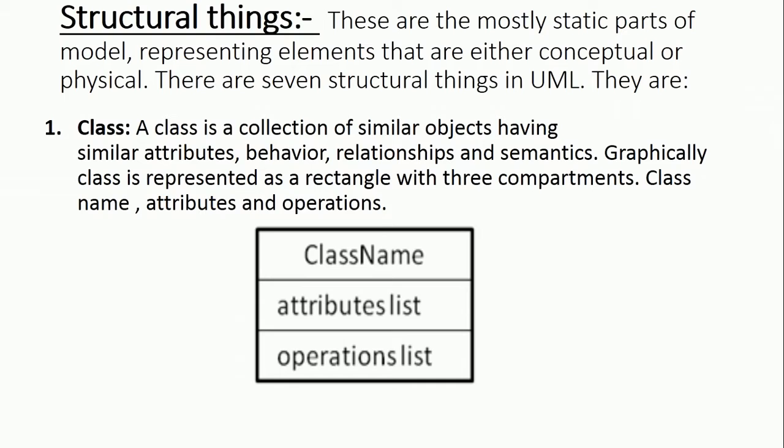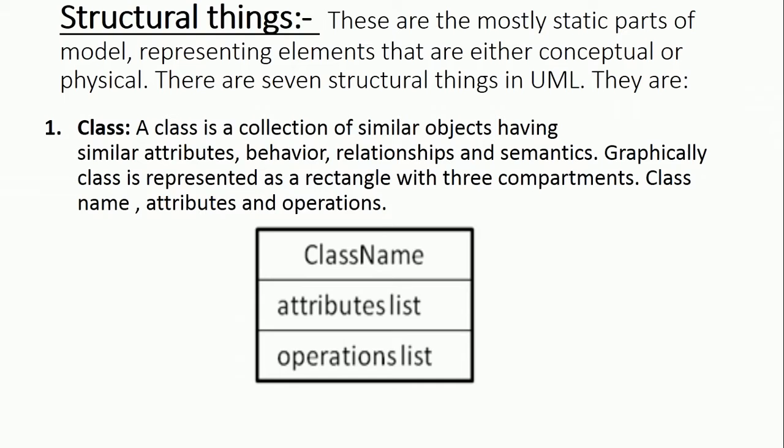What is class? A class is a collection of similar objects having similar attributes, behavior, relationships and semantics. Graphically, class is represented as a rectangle with 3 compartments: class name, attribute name and the operations.